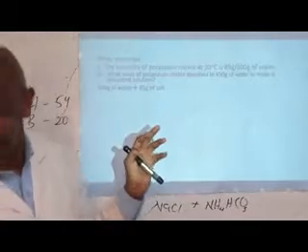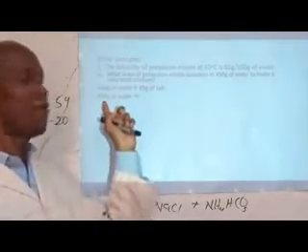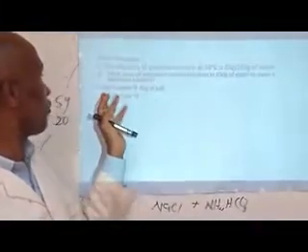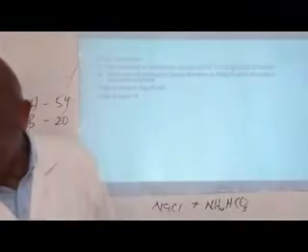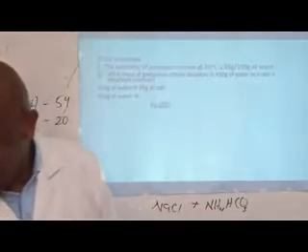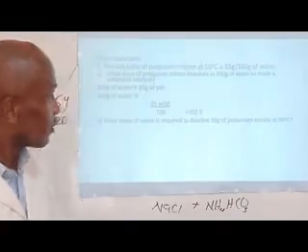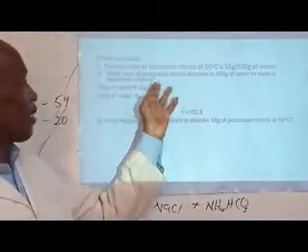Now I am interested in the mass in 450 grams of water. So if 100 contains 85, what about 450? That is a simple ratio, and that gives me 352.5 grams of potassium nitrate, grams of the salt.